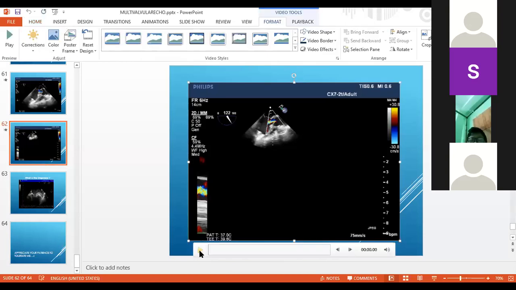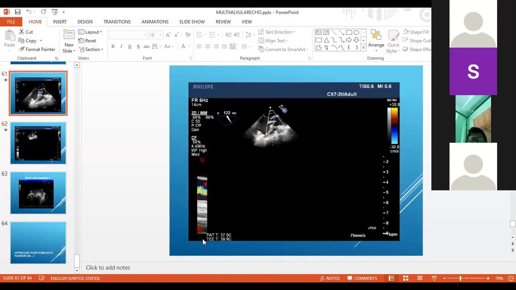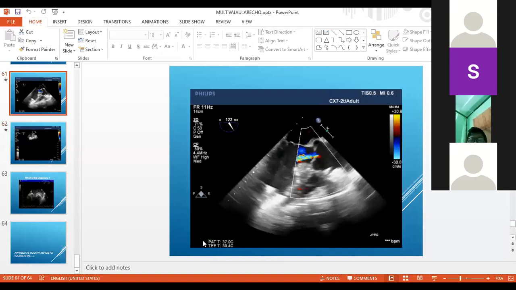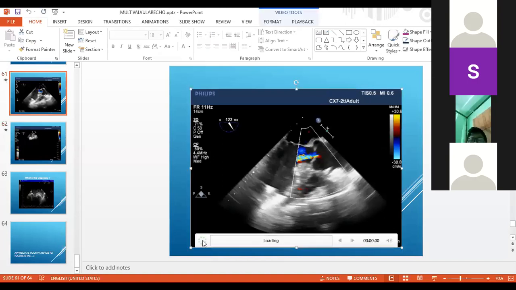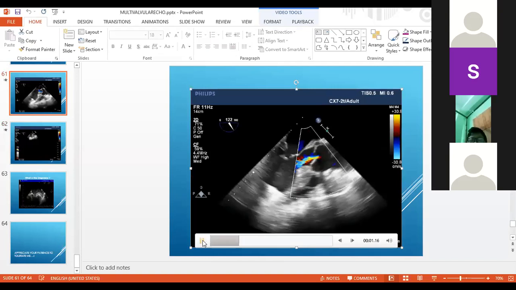So this is the Doppler pattern across. Okay, so this is not reading. I'll go back again into the earlier slide so that we discuss what it is. So Dr. Bhatt, which phase is aortic regurgitation seen in?